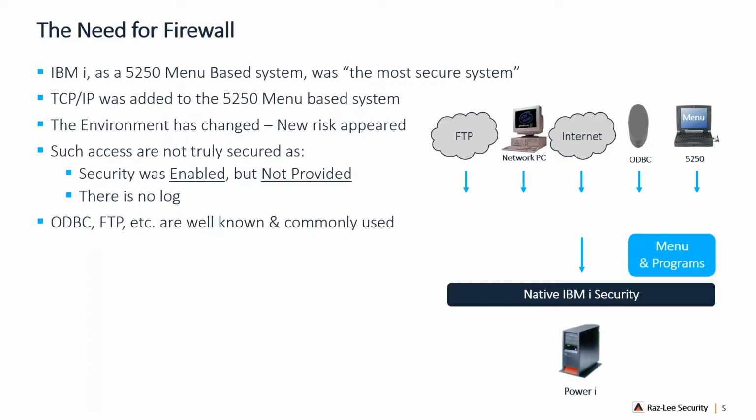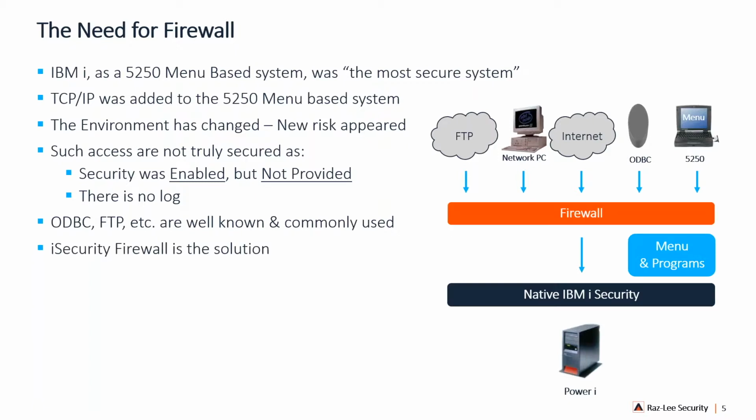And today, so many people are aware of them and use them. It's not like the first days when people hardly heard about these terms. So a new security feature must be added, and this is the firewall. The firewall stands between all these requesters and the IBM i.